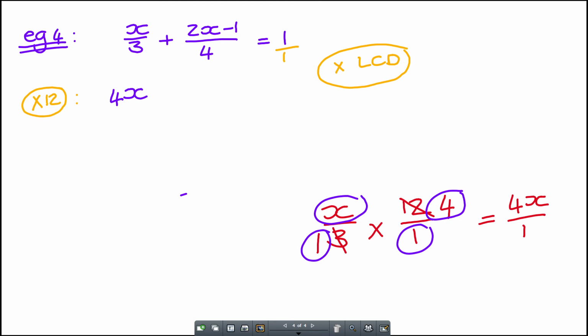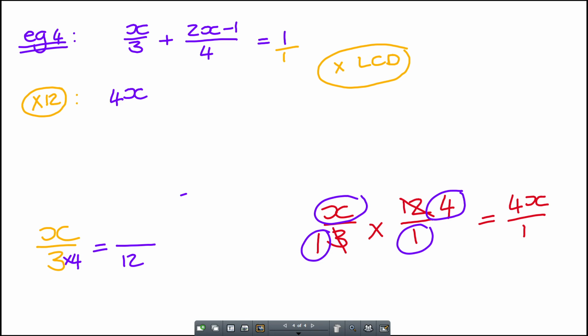Okay. Right. Do you guys want to use that? I'm going to show you a different method as well, then you can decide which one. My class from last year, they like using this one. It was x over 3, no? So because we're going to make our lowest common denominator 12, we used to say at the bottom, if I want to make my denominator 12, what would I multiply with here at the bottom?